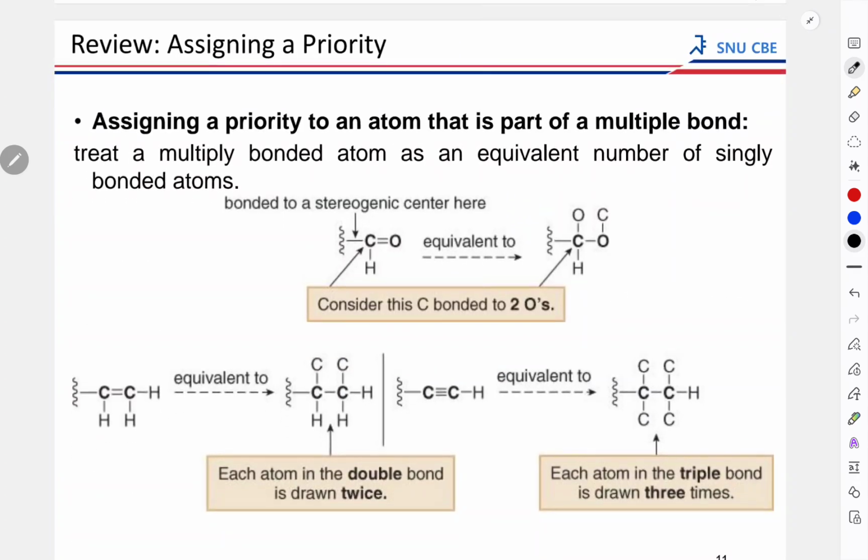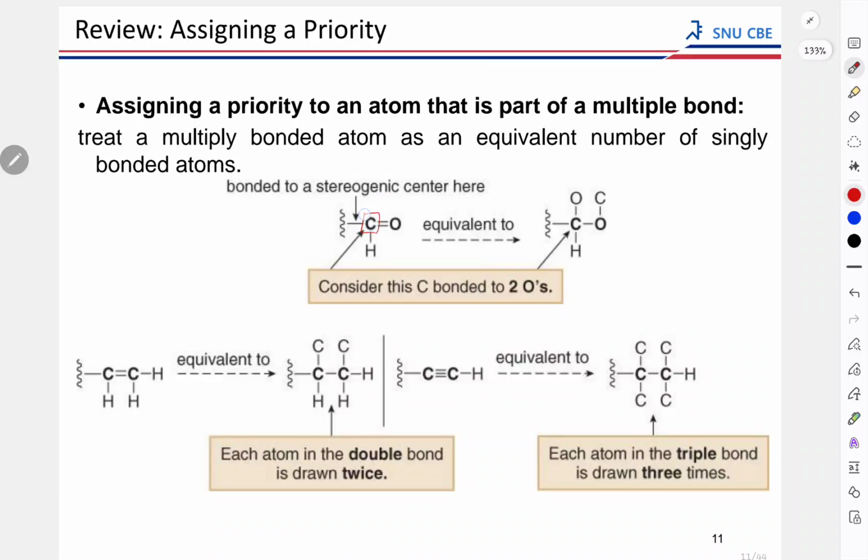Yeah, and there are some tricky cases, but you can assign priority. In this case, you have the double bond. Since we are using the same sequence rule, you can treat it as equivalent to this bonding network.